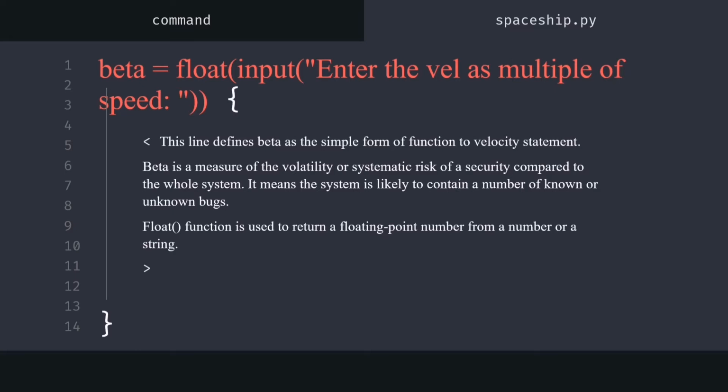This line defines beta as the simple form of the velocity statement. Beta is a measure of the volatility or systematic risk of a security compared to the whole system. What it means? It means the system is likely to contain a number of known or unknown bugs. The float function is used to return a floating point number from a number or a string.